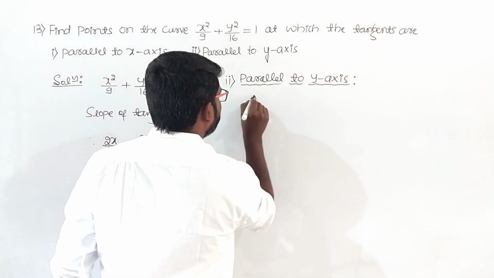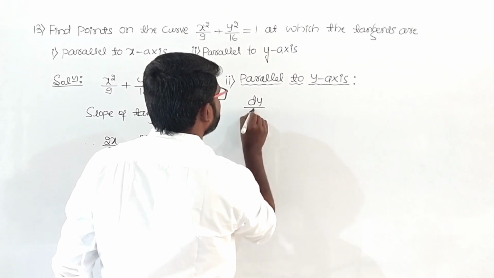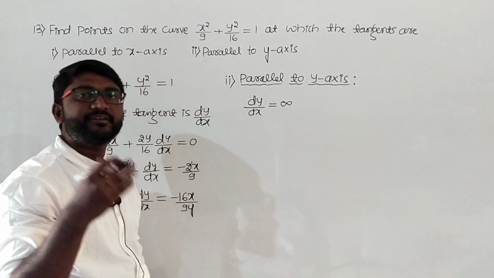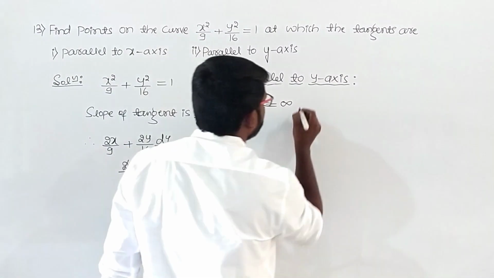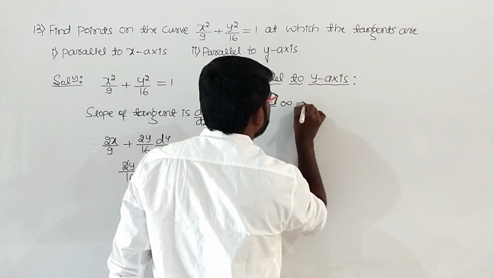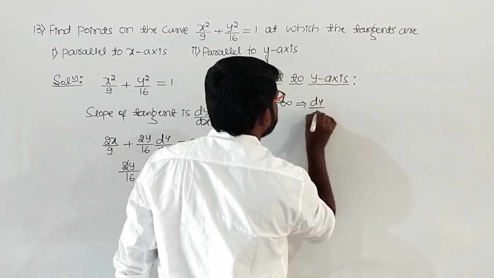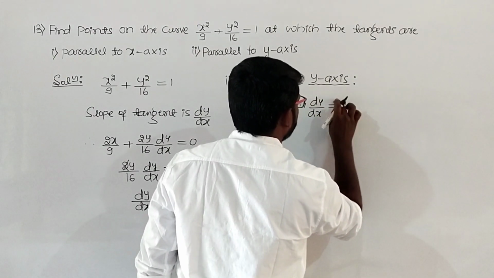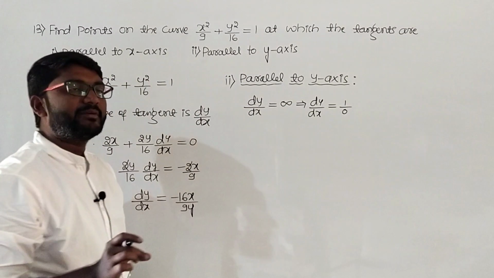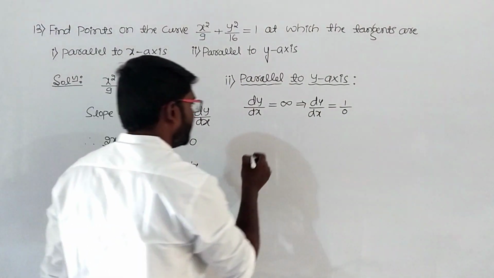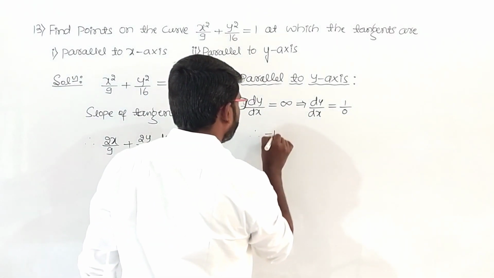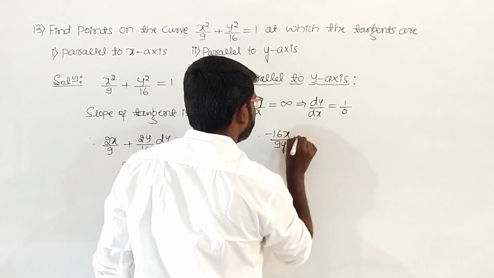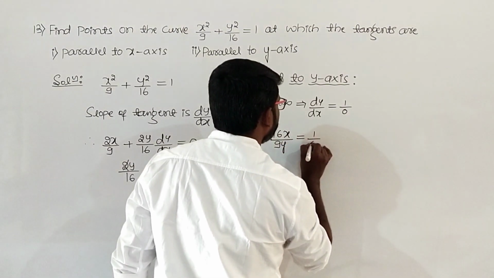That means dy by dx is going to be infinity. How do you write infinity? It is 1 by 0. So this implies dy by dx will be 1 by 0. So now what is dy by dx here? Minus 16x divided by 9y, which is equal to 1 by 0.